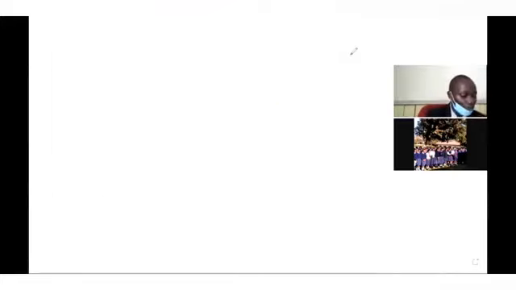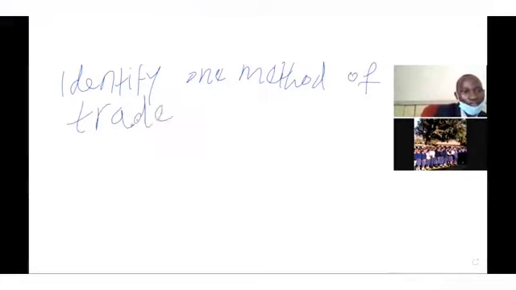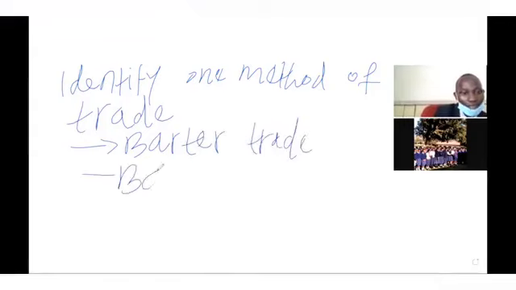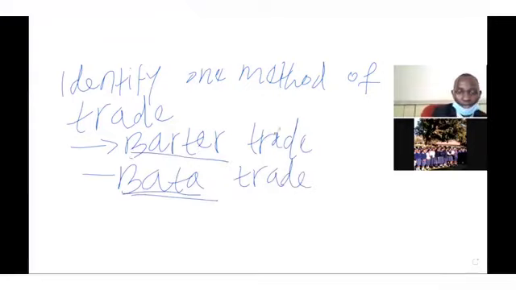For example, if a student is asked to identify one method of trade, and one student gives barter trade and another one writes it as BATA, both of them will score, because the misspelling has not affected the meaning.